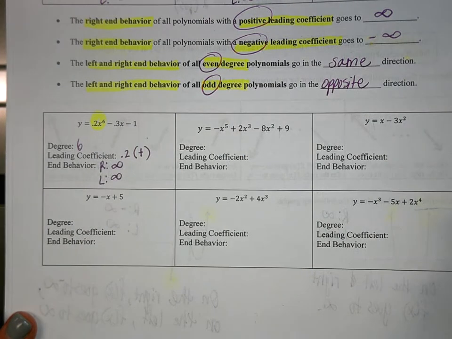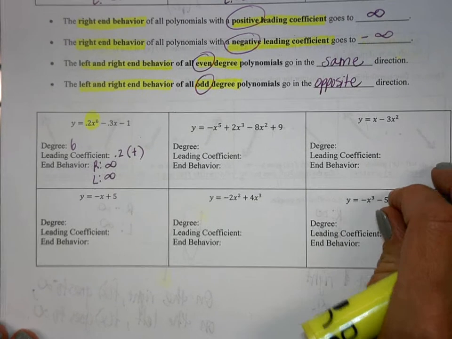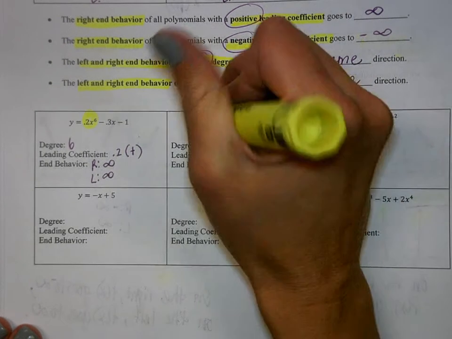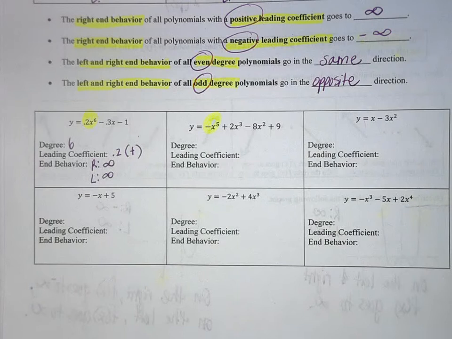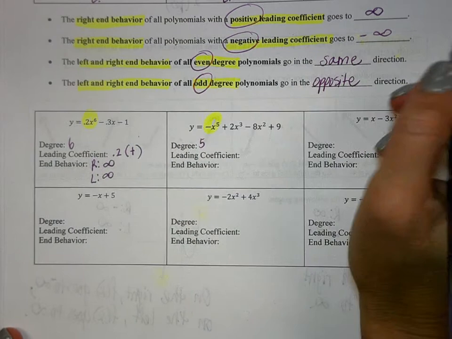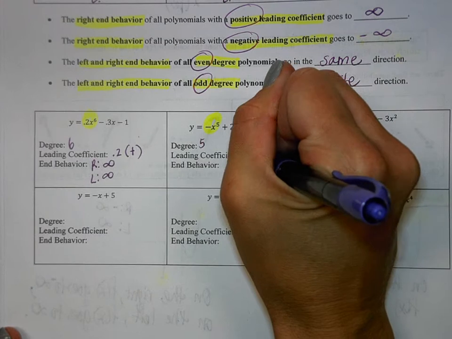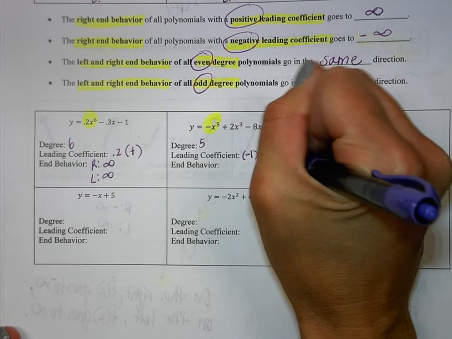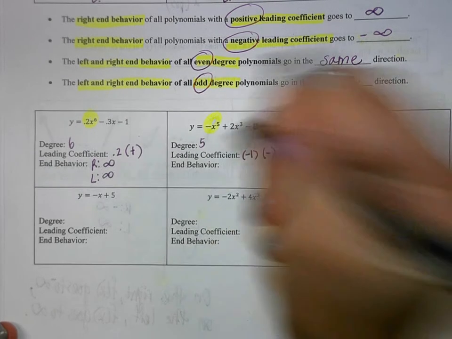Okay, next one. What is my degree? 5. Very good. My degree is 5. That's my highest exponent. What is my lead coefficient? Good, -1. And specifically that is negative.